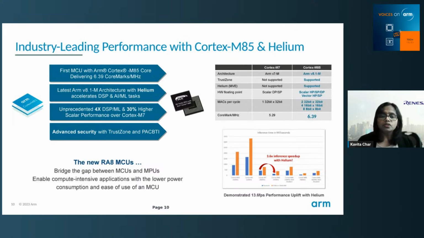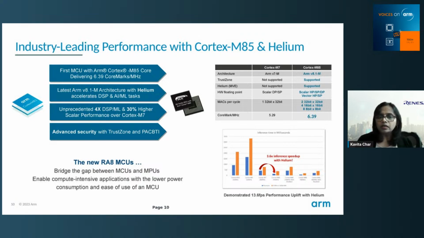They have also introduced a new technology called PAC-BTI, pointer authentication and branch target identification, that allows protection from software programming attacks. So with all of this functionality and this performance boost, the new RA8 MCUs bridge that gap between MCUs and MPUs and enable those compute-intensive tasks with the ease of use of an MCU and the lower power consumption.